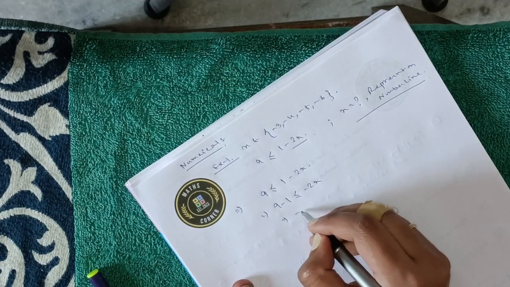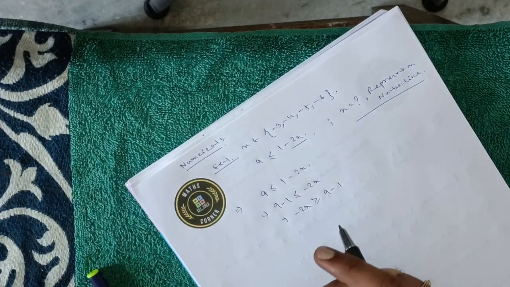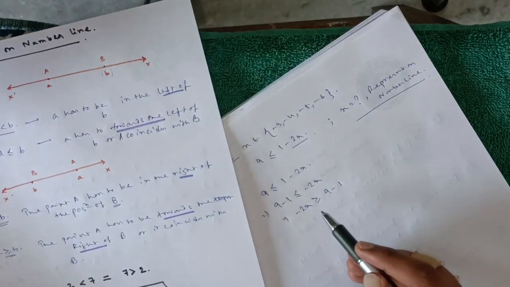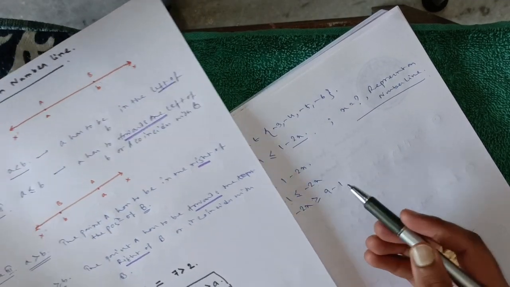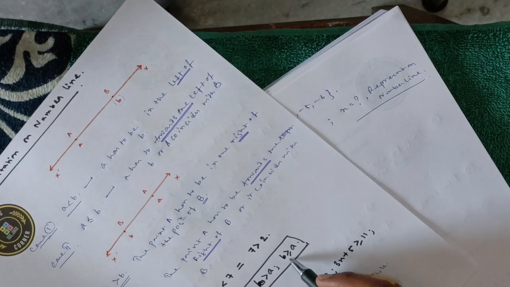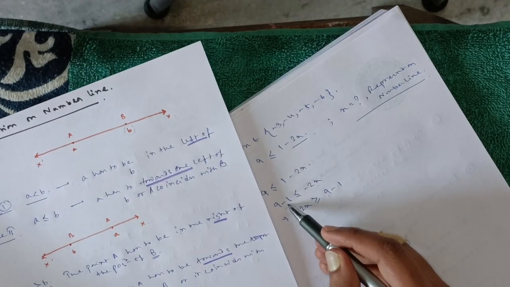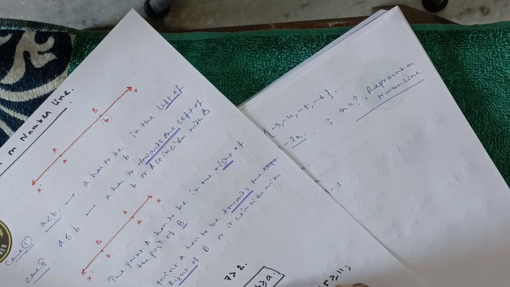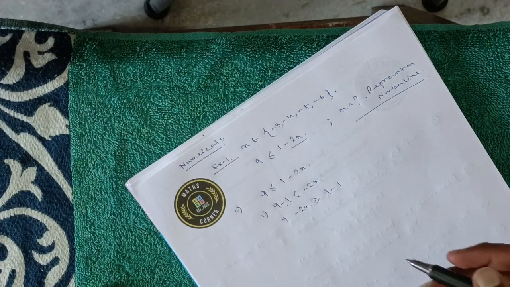It's like a less than or equal to b. A is 9 minus 1, that is 8, and b is minus 2x, so it will be minus 2x greater than or equal to a. Okay, the statement.